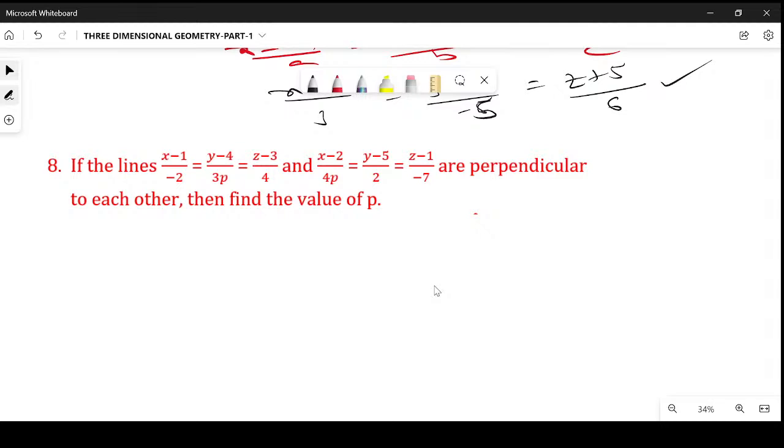Both are perpendicular to each other, then find the value of p. When they are perpendicular, from the given lines we can write all the direction ratios.